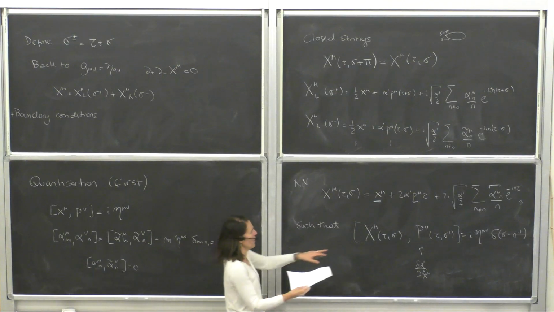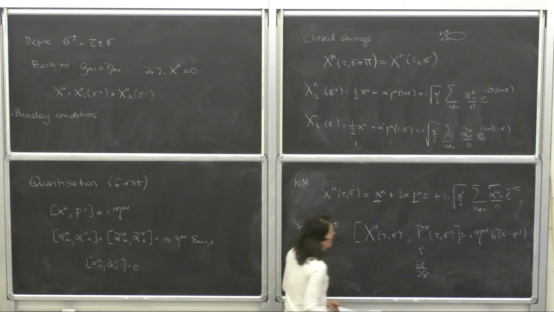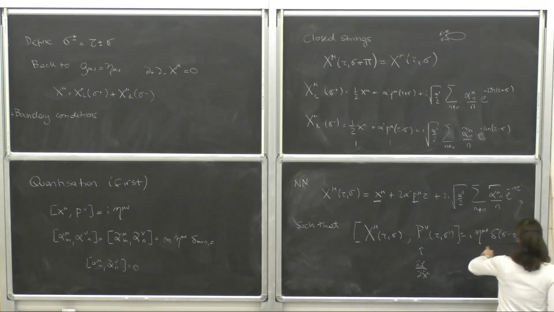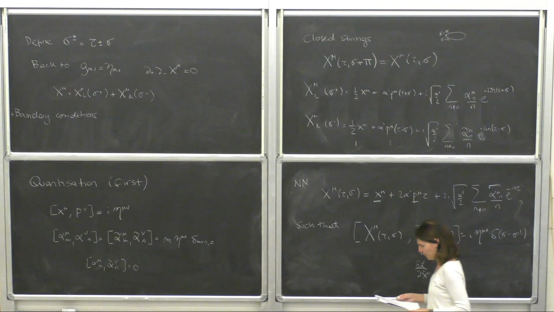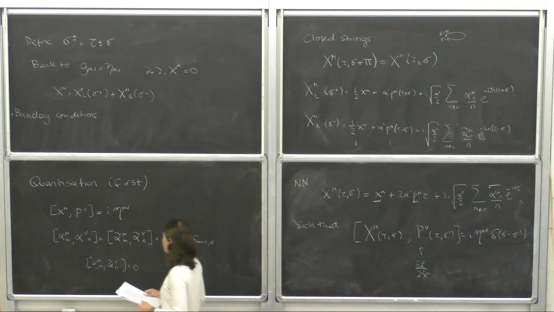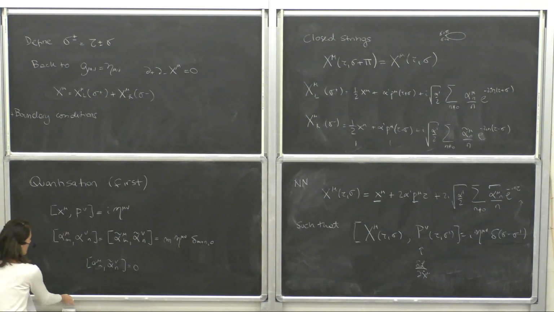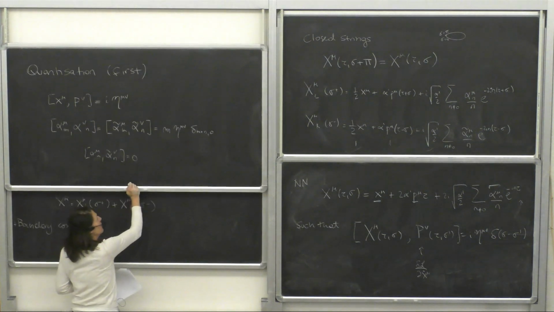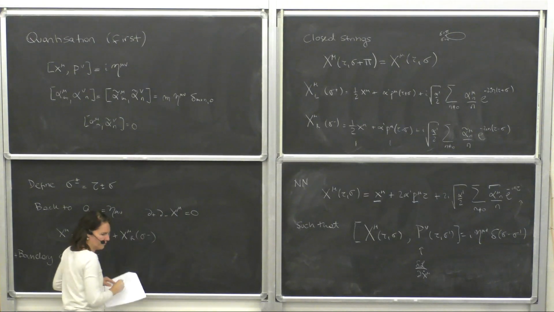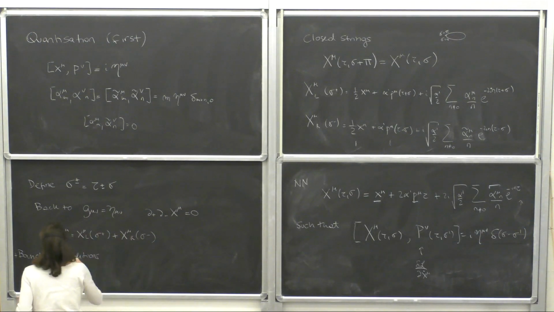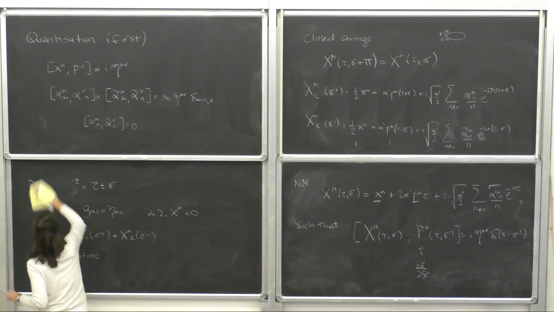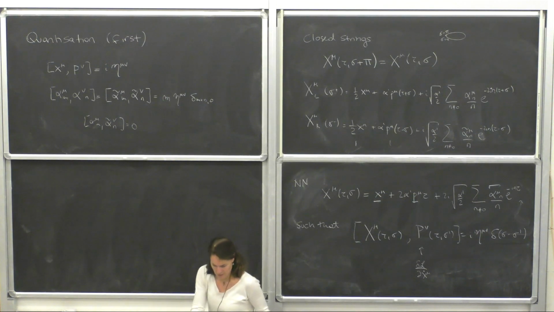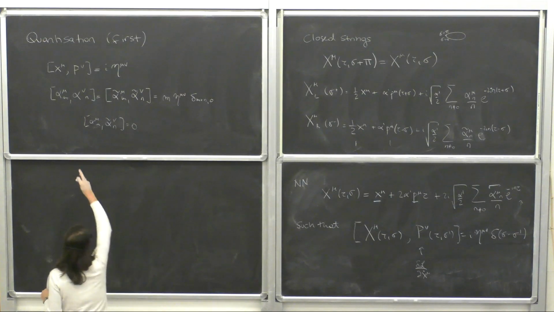In quantum mechanics, you just have tau. So you're not used to this kind of thing, but then you get this delta of sigma minus sigma prime. And then that commutation is nice.